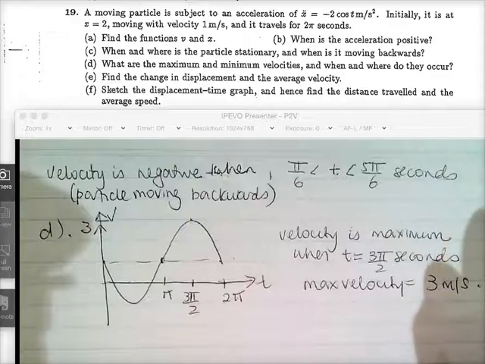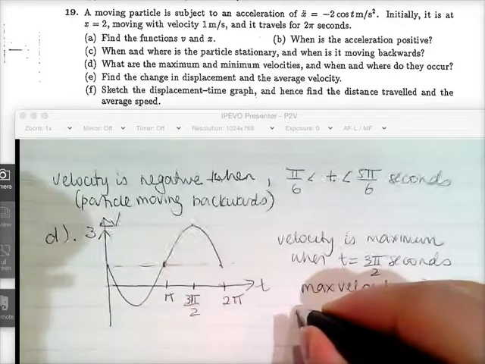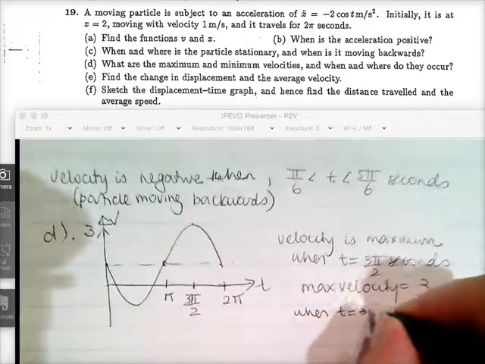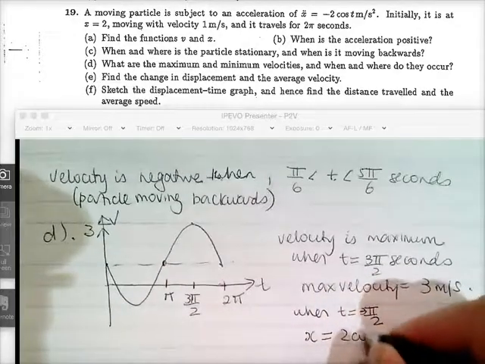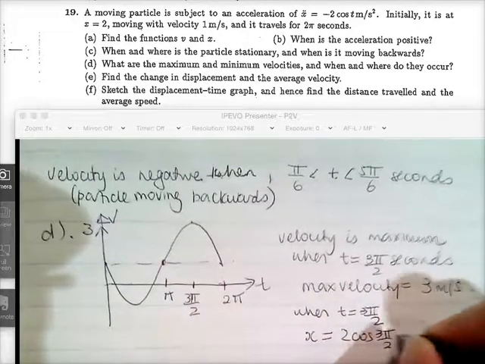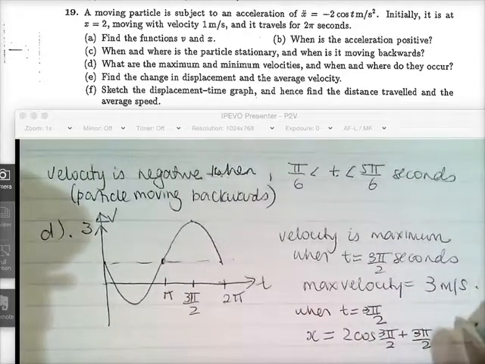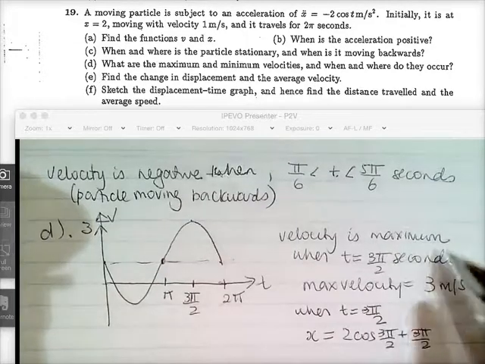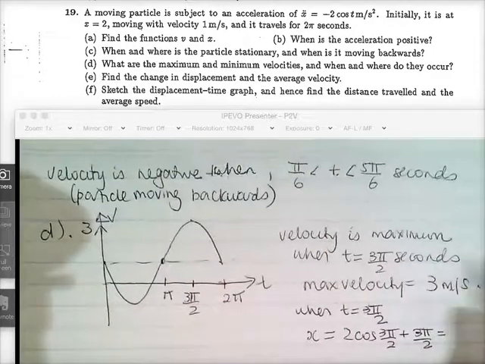And if you look at the equation for displacement, when t equals 3 pi on 2, x is equal to 2 cos 3 pi on 2 plus 3 pi on 2. So this is the position of the particle, because it says what are the maximum and minimum velocities and when do they occur. We've got the maximum velocity and where, so that's the position.